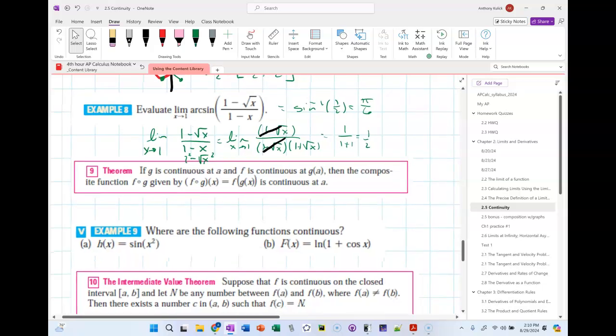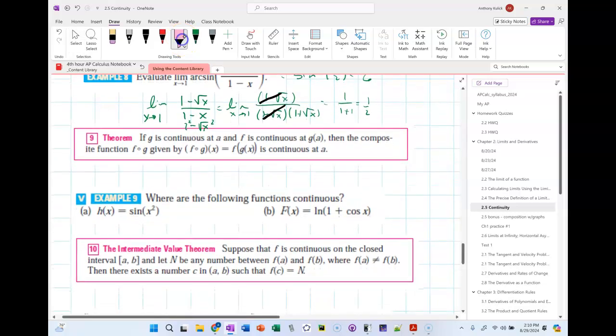All right. Theorem 9 says if g is continuous and f is continuous, then their composition is continuous, which should be pretty straightforward here. Now, I left off some little details like g is continuous at a and f is continuous at g of a, but it's basically the same thing.